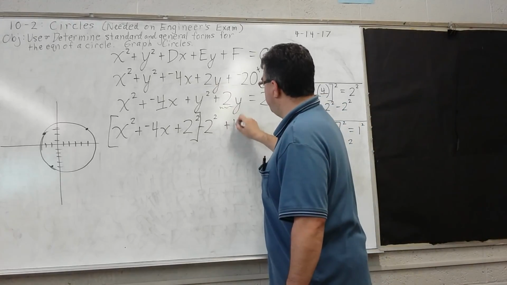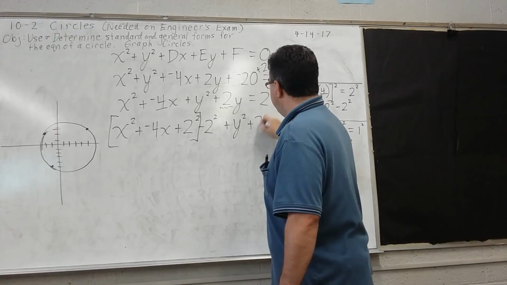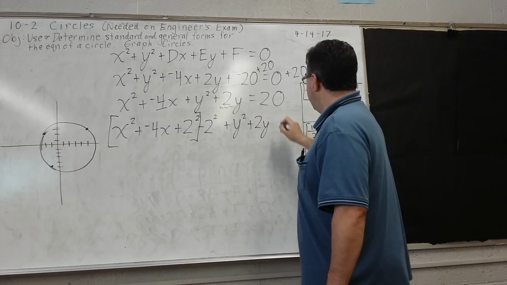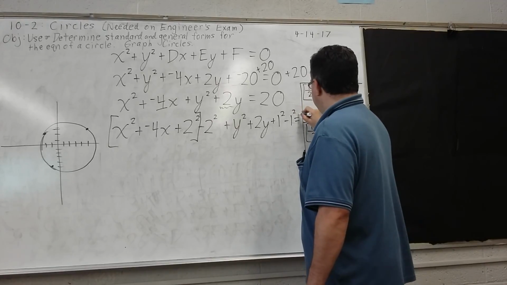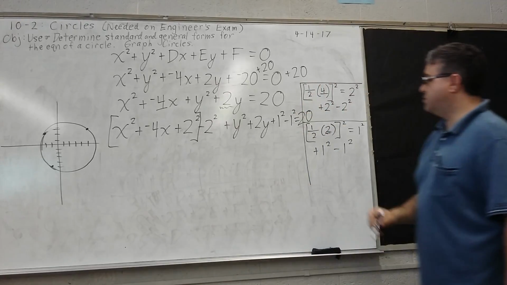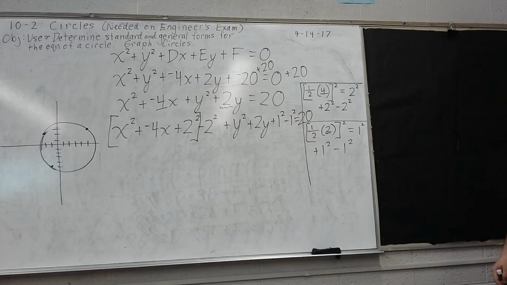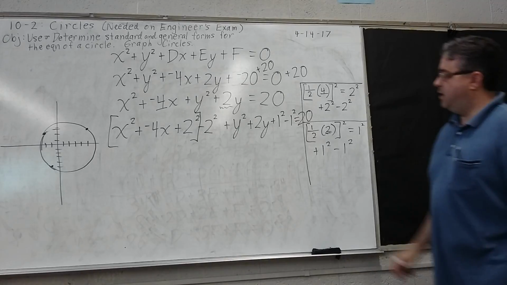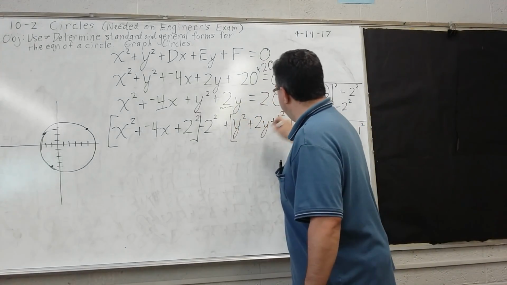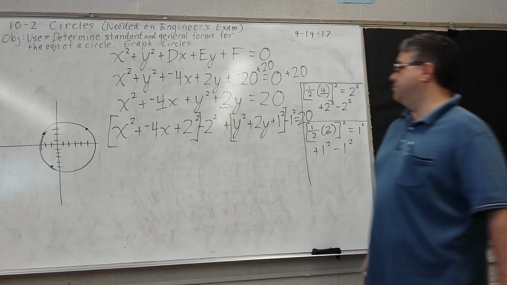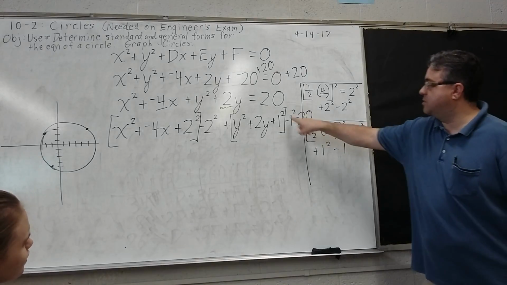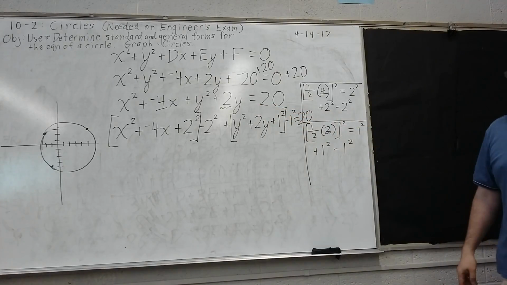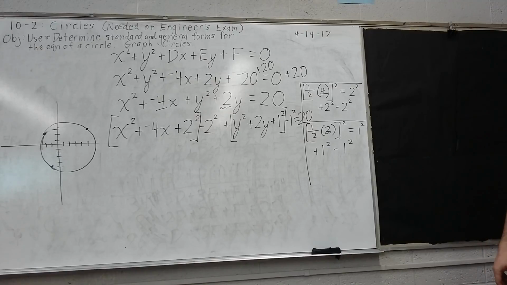So that's plus y squared plus 2y plus 1 squared minus 1 squared equals 20 still. And here is that completed square. Is the 20 part of the side work? The 20 is what it's equal to, not part of the side work. I just ran out of room.